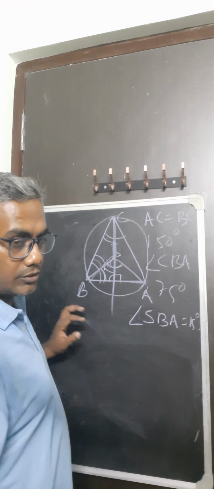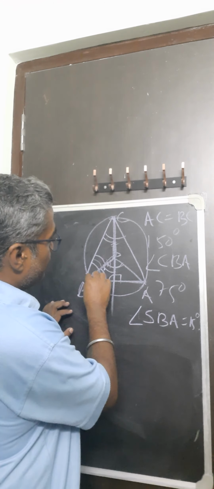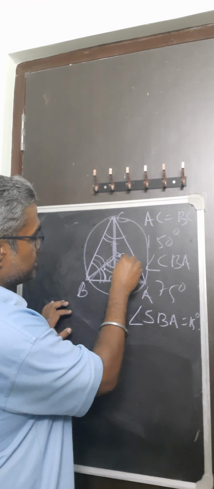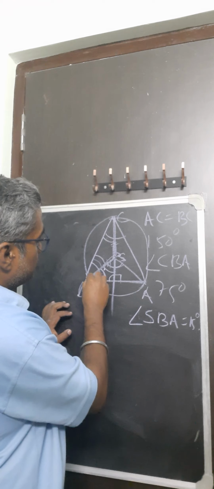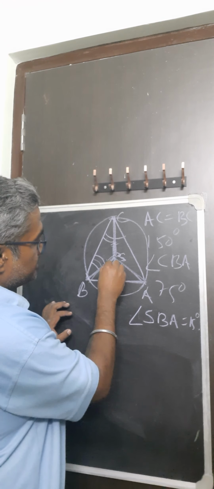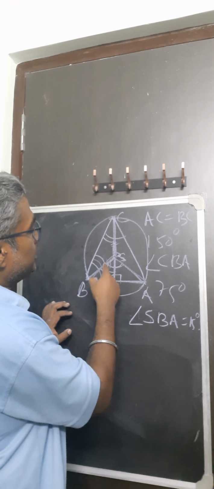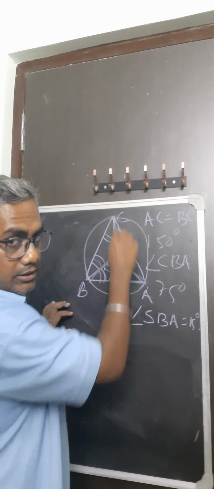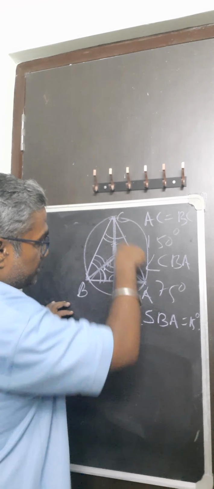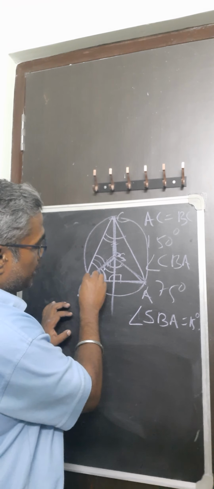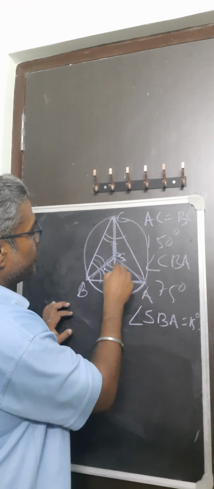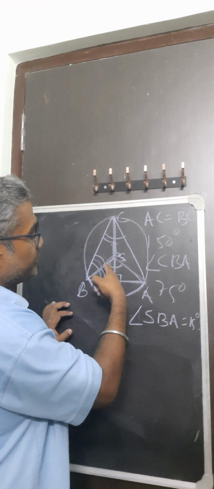For a circle, we know the angle formed at the center, S being the center, must be double the angle formed at the circumference if they are lying on the same arc.